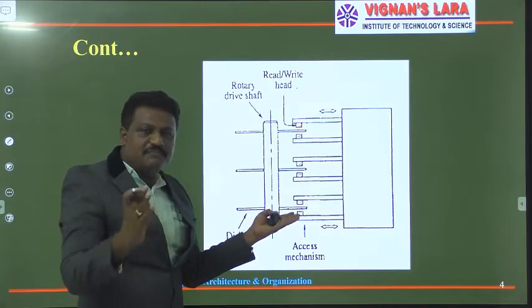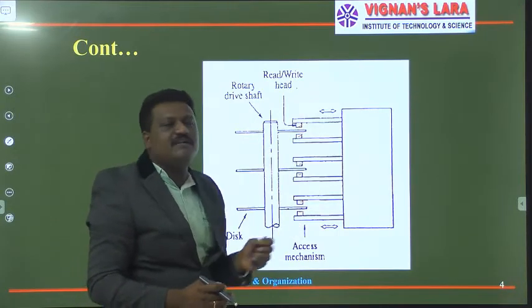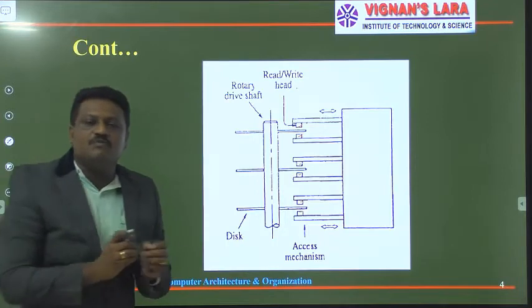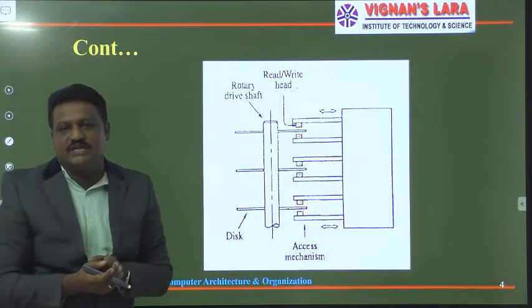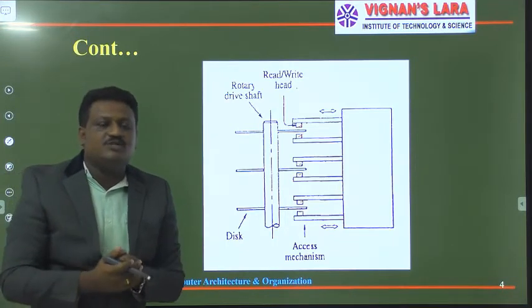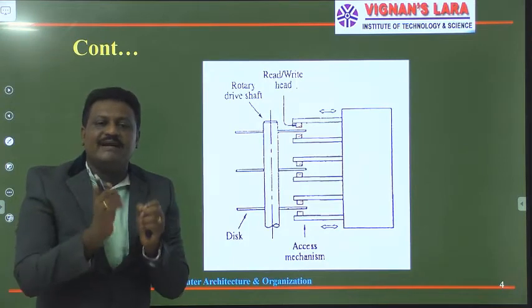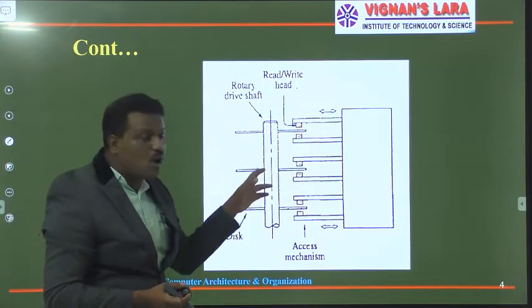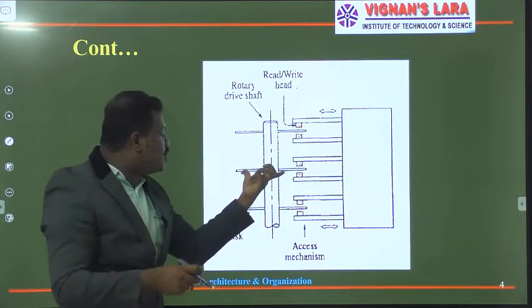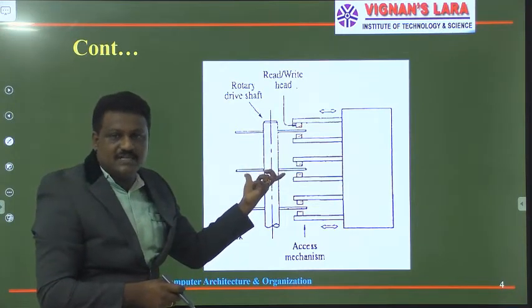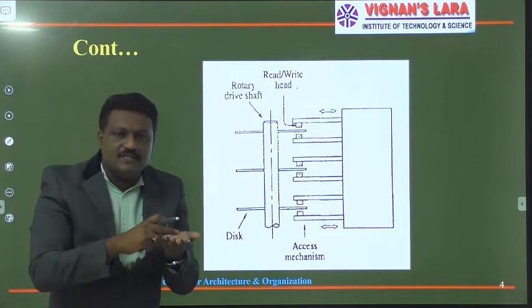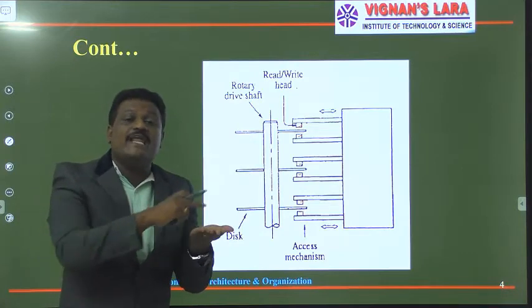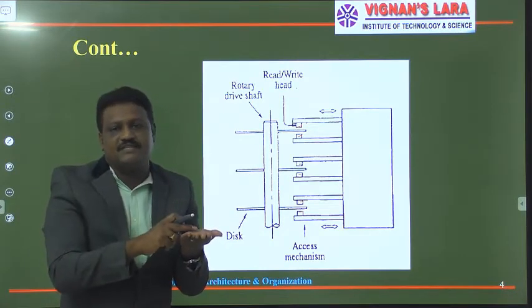And here one more important thing is this head may be a mobile head or sometimes a fixed head. That depends on the disk drive. In a mobile head disk, the head may move on any track over the disk itself. That means on the surface our head can go to any place over the surface of a disk.